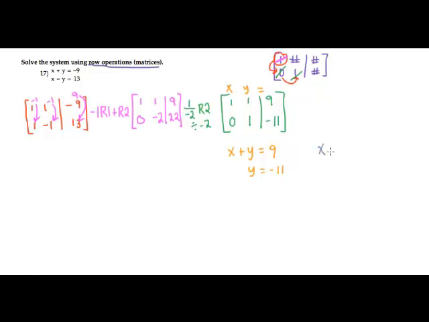So x plus a negative 11, so that's really x minus 11, equals 9. So this was negative 9 this whole way through, guys. My bad. I accidentally dropped that negative. But now that I put it back, when I add 11, I get x equals 2. So my point for my answer is 2, negative 11.